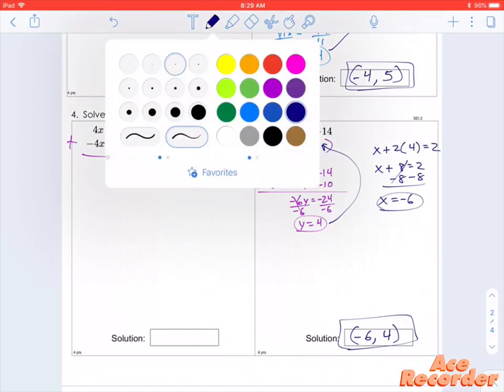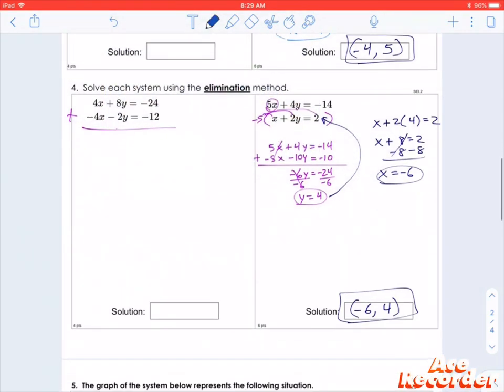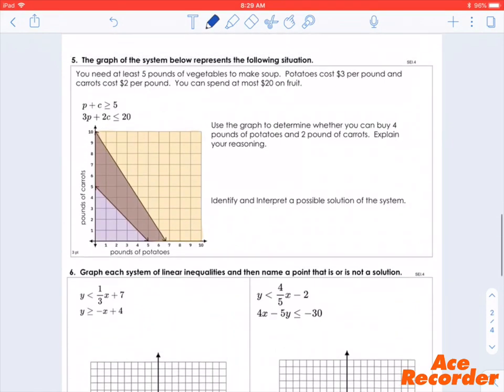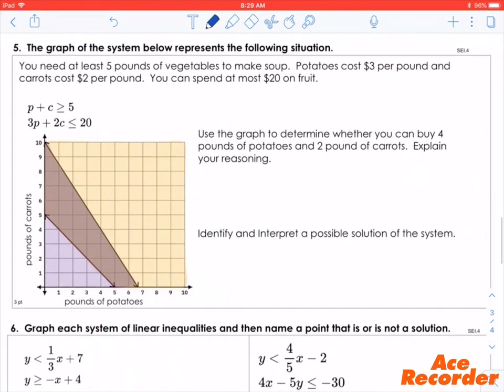Okay, so on to the next page here. We'll talk about this one tomorrow before our test. But just don't pay attention to anything on here. Just look at what it's asking here. Use the graph to determine whether you can buy 4 pounds of potatoes and 2 pounds of carrots. So look at your graph. This area here is the solution set.